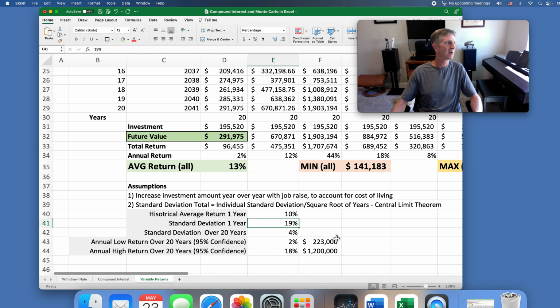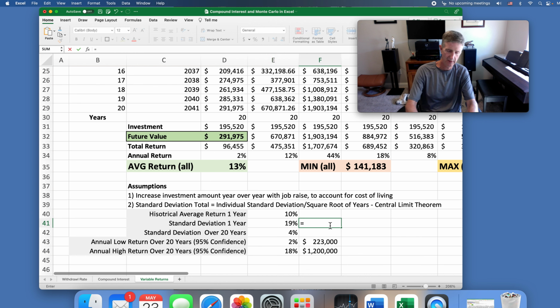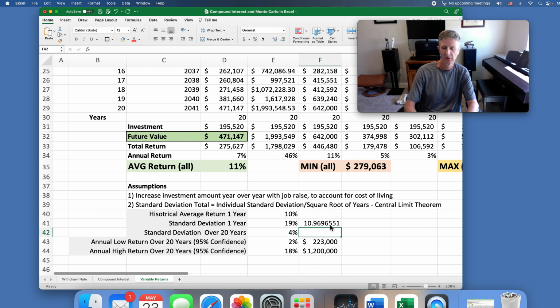So an easy way to think of that: the square root of 4 is 2. So if my standard deviation is 19 and I hold the value for 4 years, I divide that by the square root of 4 and I cut it in half, right?